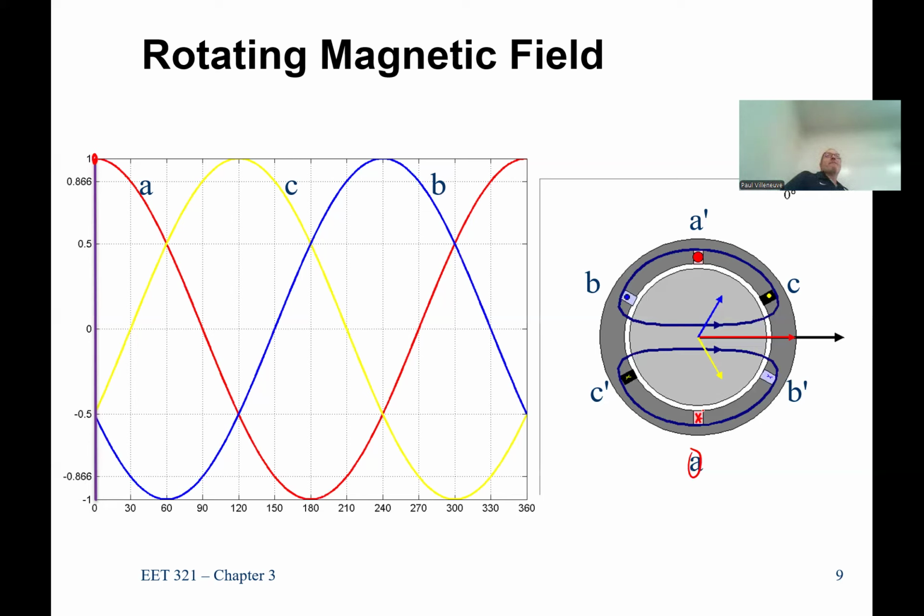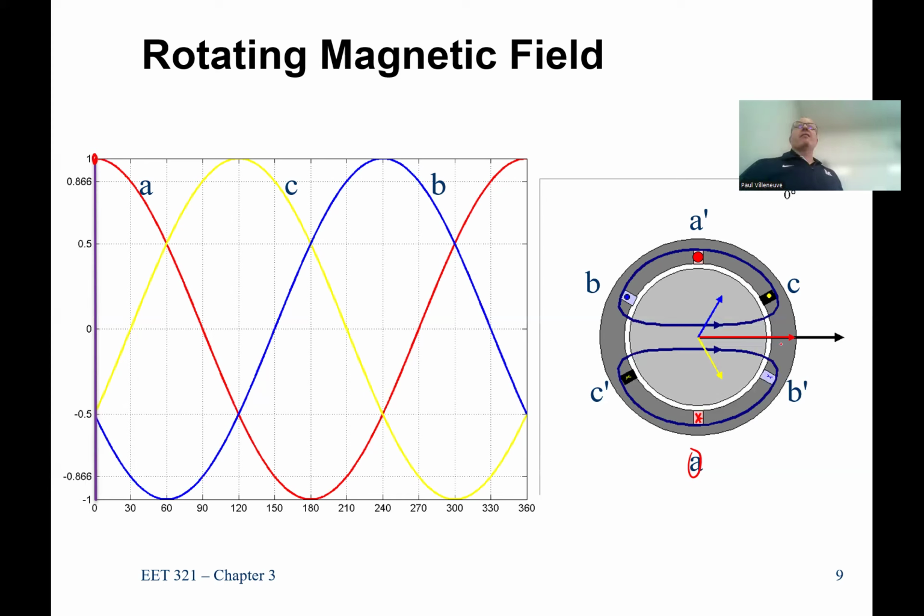If looking at the red one, if the arrow's pointing that way, it means the current's going that way, right? No. The current goes into the quill, wraps around here. The arrow is your thumb. That's the magnetic field that points.